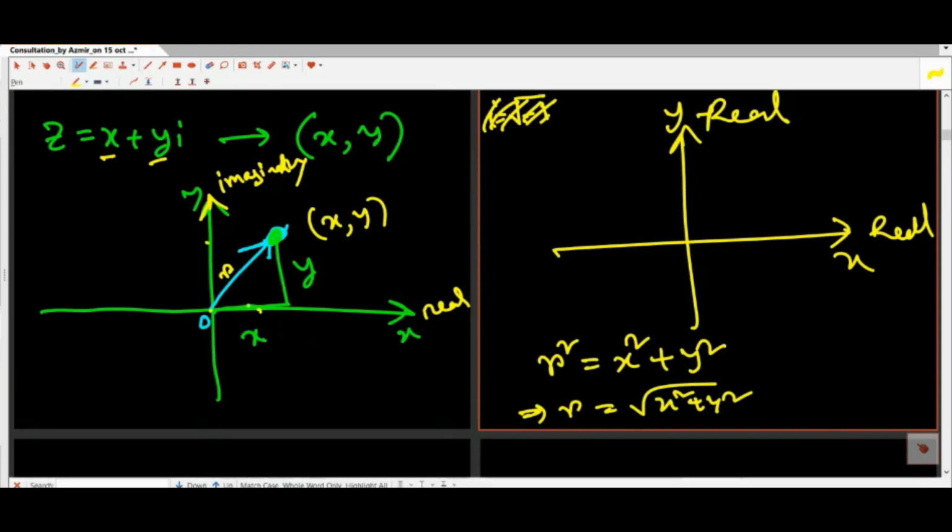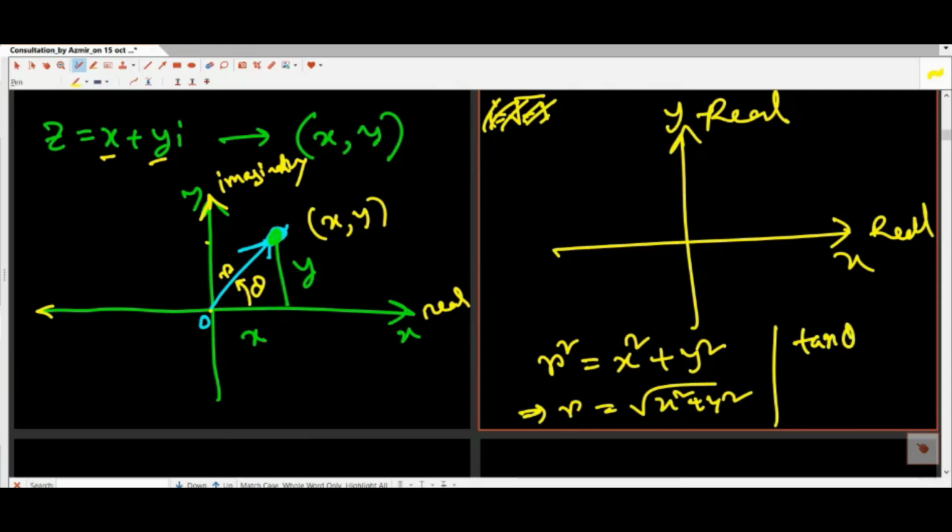And also, this is the positive x-axis, this is the negative x-axis. From the positive x-axis to the line, there is an angle. That angle can be found this way.